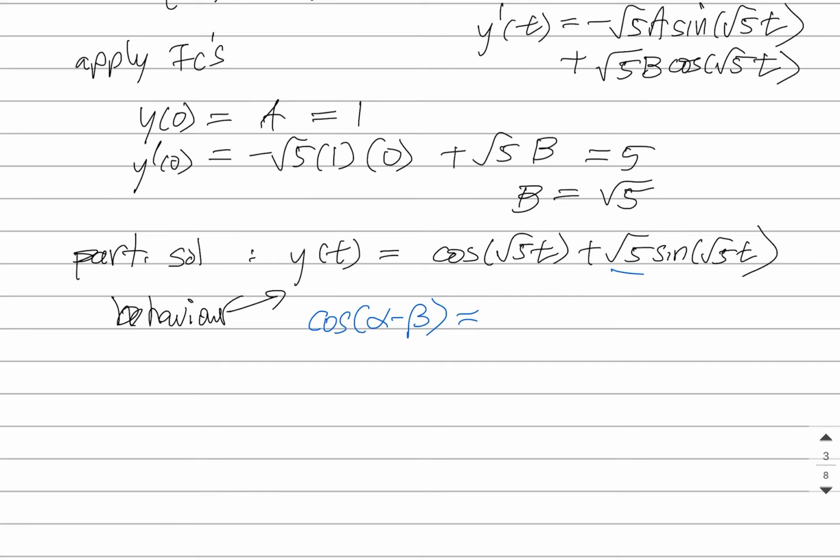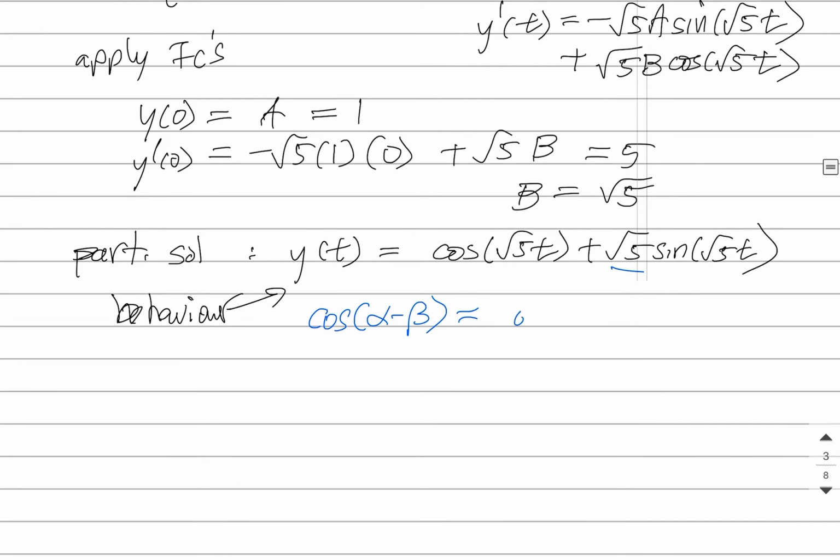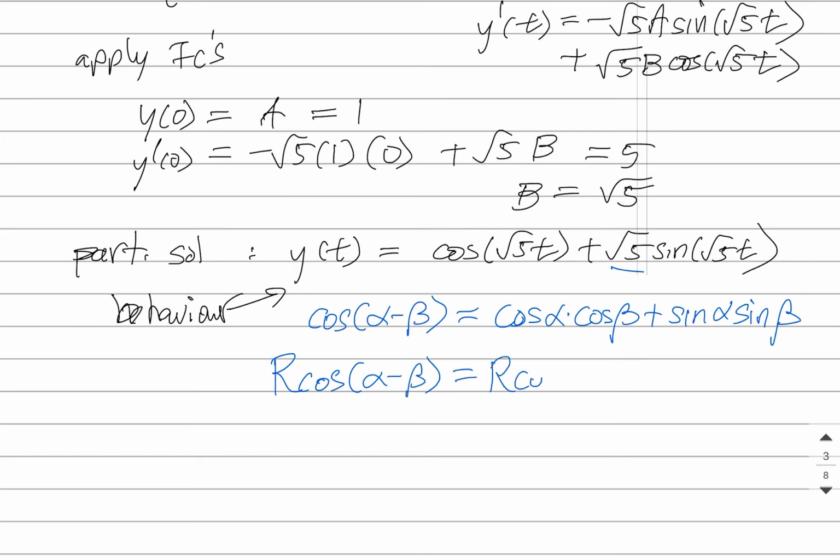And that trig identity is the following. Cosine of alpha minus beta is cosine of alpha times cosine of beta plus sine of alpha sine of beta. Now I'm going to compare here. It's up to me to choose which I'd like to be alpha and which I'd like to be beta. It doesn't really matter, but the most important thing I'm going to do now is I'm going to scale this by some constant, r, and I'm going to multiply everything here by that r.